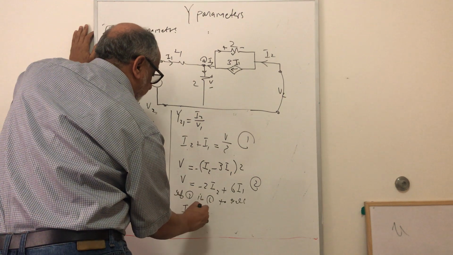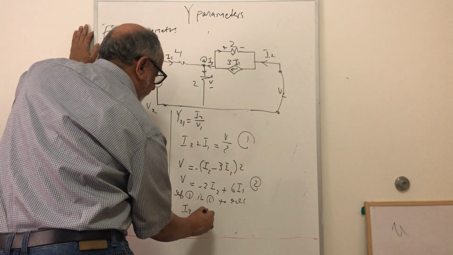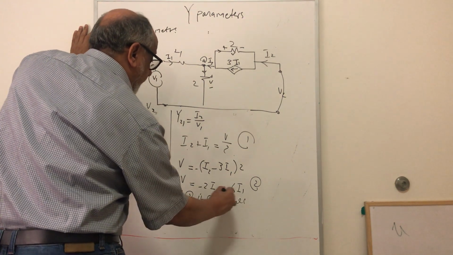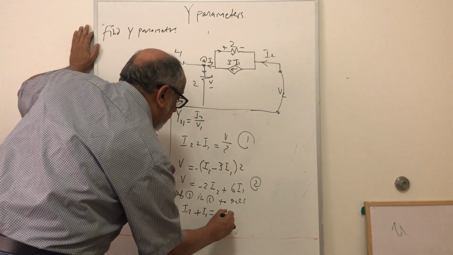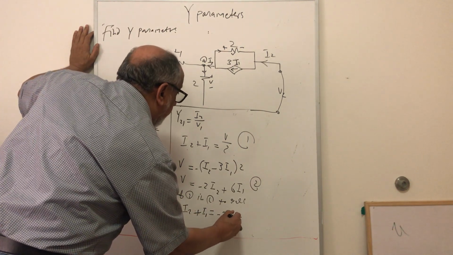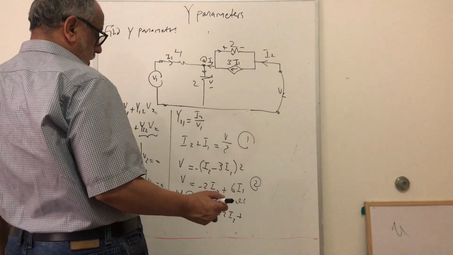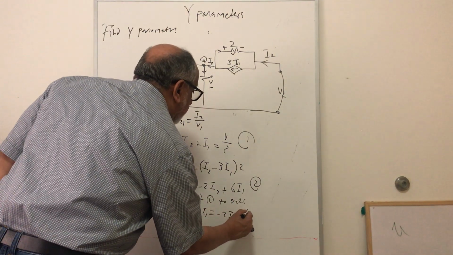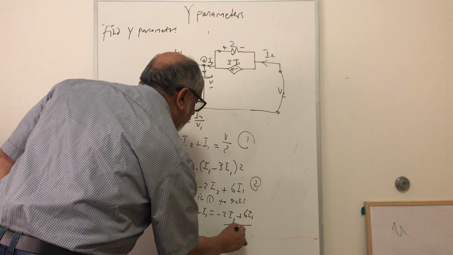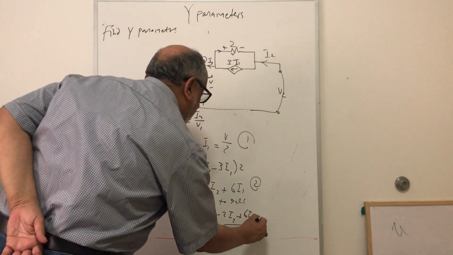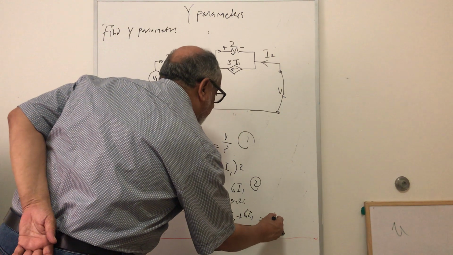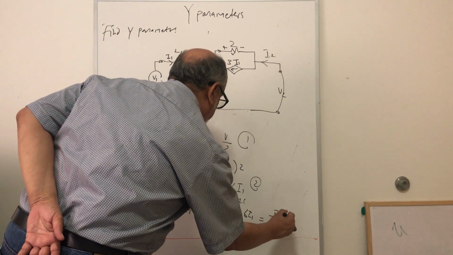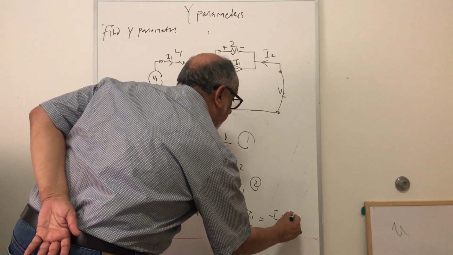I2 plus I1 is equal to this, minus 2I2 plus 6I1 divided by 2. So this means this is equal to minus I2 plus 3I1.